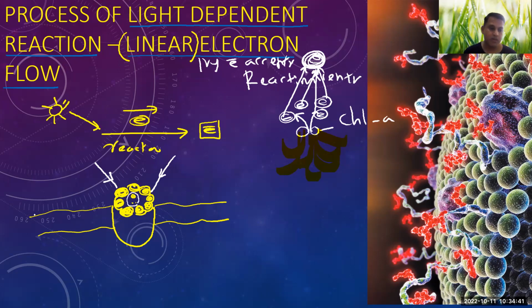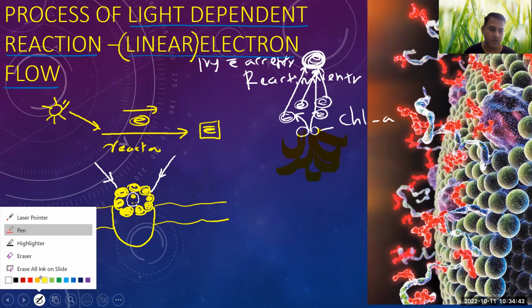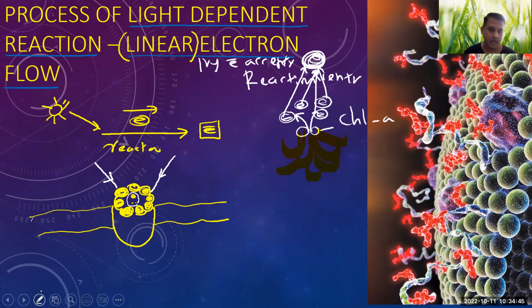You need to remember one important thing. These electrons are rich in energy. Just to indicate the energy, I highlighted it in yellow. So these electrons have energy. Where is this energy from?